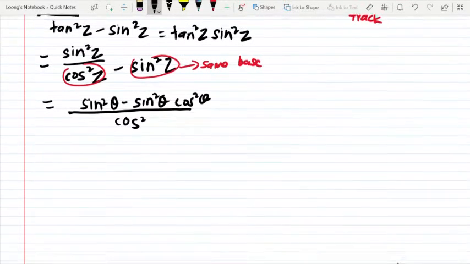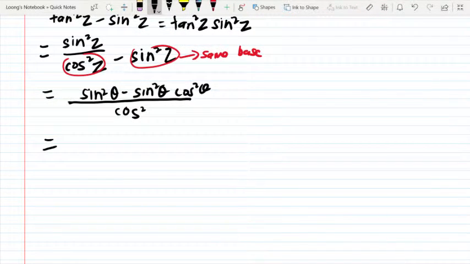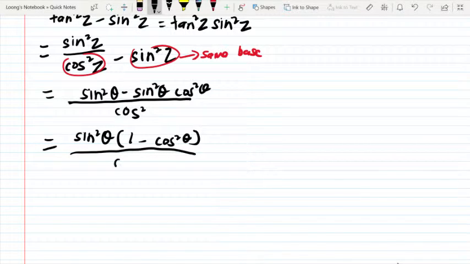And equals, now we'll be factorizing sine square theta out, which leaves us with 1 minus cos square theta, and over here we have cos square theta.